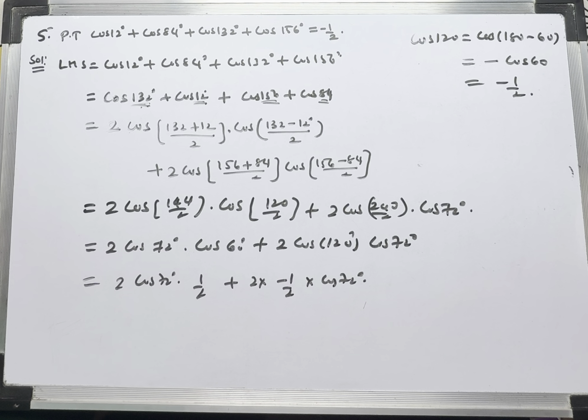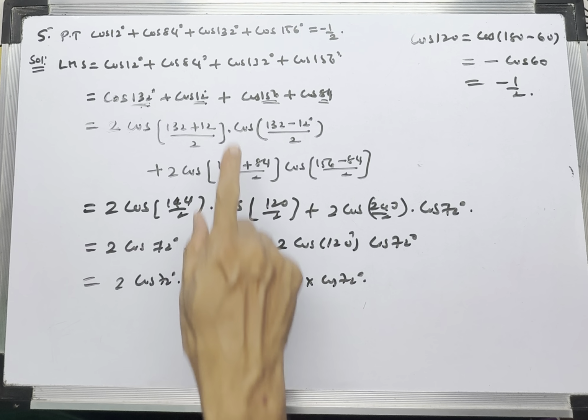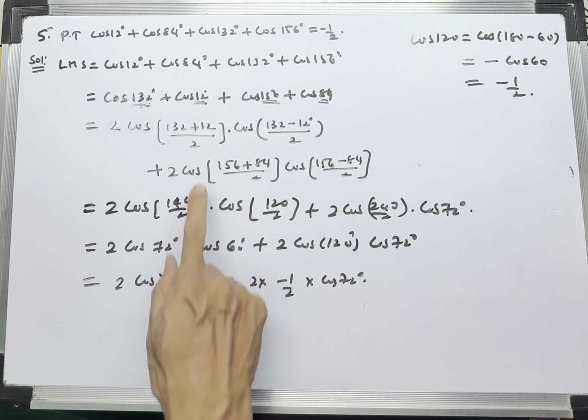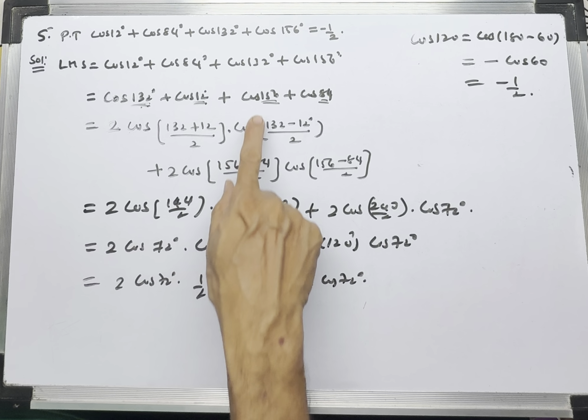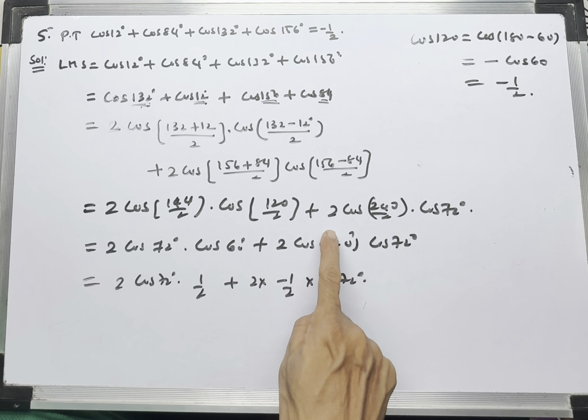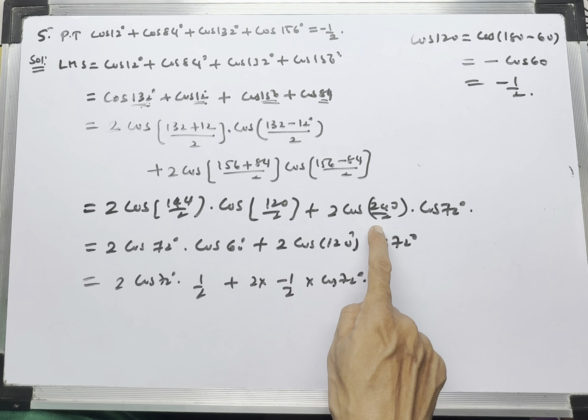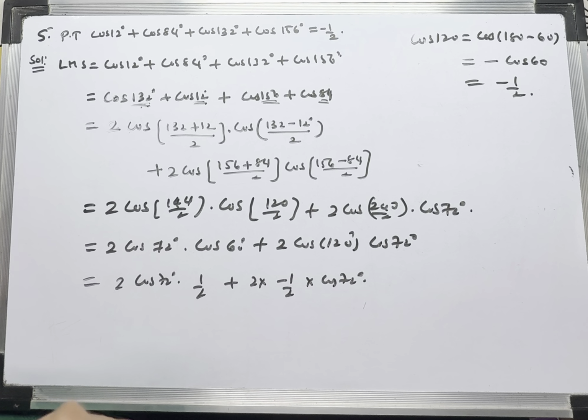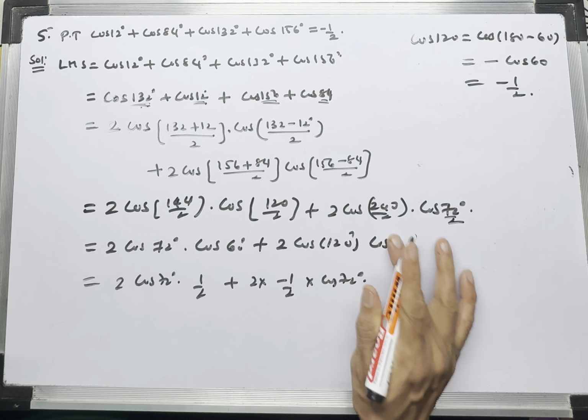Twelve, 84, 120, 156. 132, 156. 132 plus 12, 144 divided by 2 is 72. 2 cos C plus D by 2. 72 divided by 2, so this is 36.